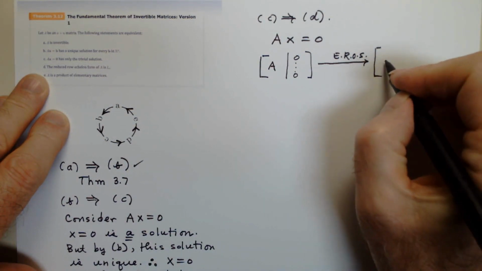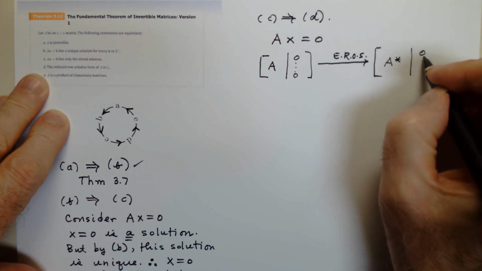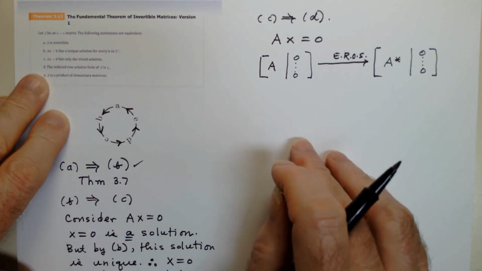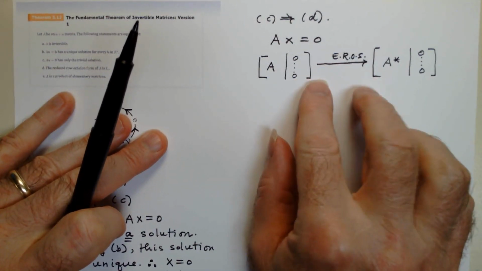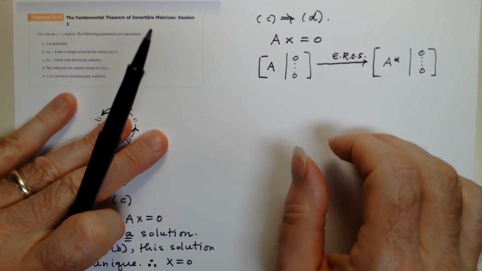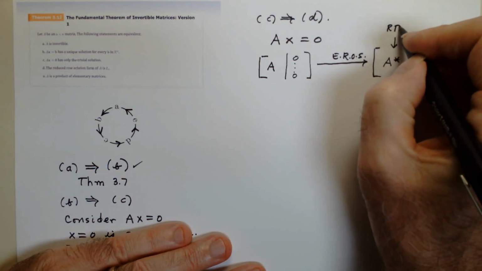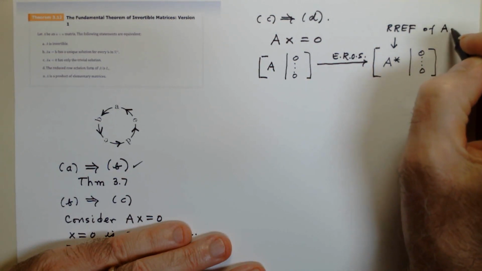I'm just going to call it A star. This just works in general. I can always take this matrix A and do a sequence of elementary row operations to bring it into its reduced row echelon form. So this is the reduced row echelon form of A.